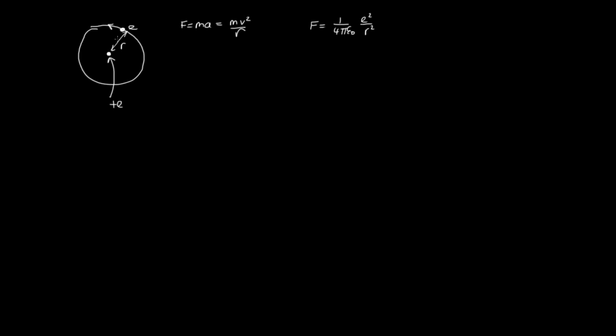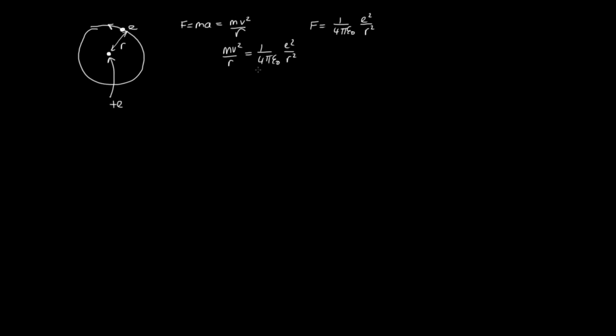So the centripetal force is inwards, and the electrostatic force is also inwards. They're in the same direction. So we can set these two things equal to each other, because this is the resultant force, which is due to this one. So we have mv squared on r is equal to 1 over 4 pi epsilon naught e squared over r squared. So that's what we get from the first postulate.